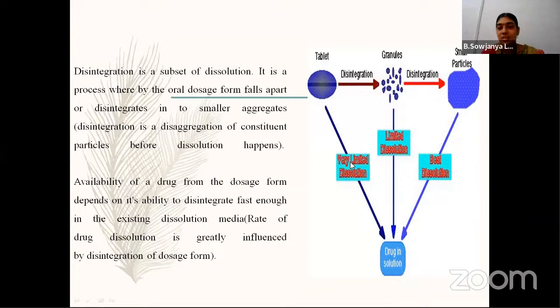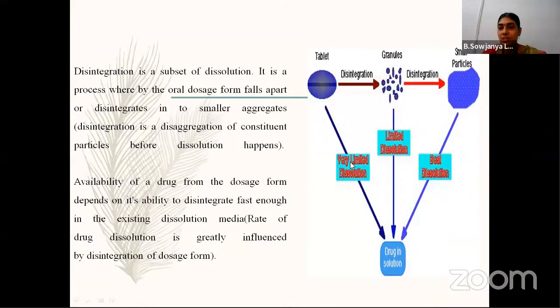So tensile strength is an unofficial test. It's not an official test. The compendium does not mention it. We just go for the strength of the tablet, and to determine it we use tensile strength, brittle fracture index, and also thickness and general appearance.